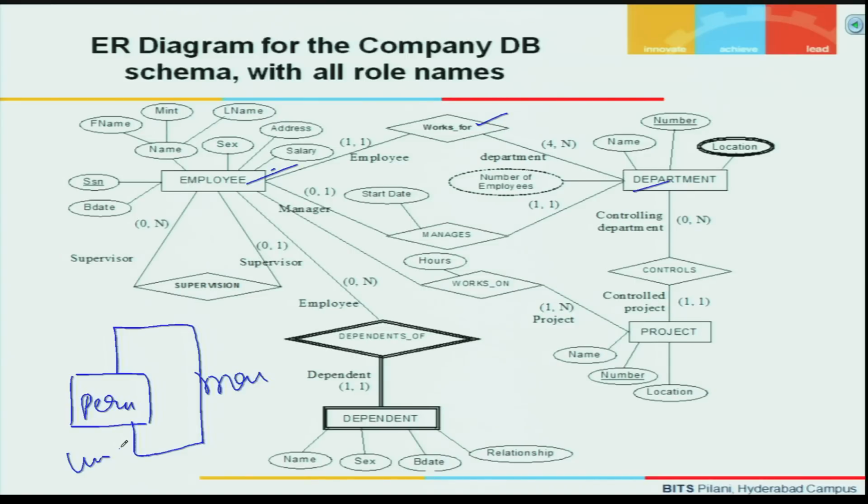Whereas 1 to n, 1 to m is called cardinality. How many different entity types are involved in the relationship is known as the degree of the relationship. If two, it is a binary relationship. And if you have three different entity types involved in the relationship, it is called ternary. Similarly, n-ary relationships are also possible if any number of different types can be involved in the relationship.